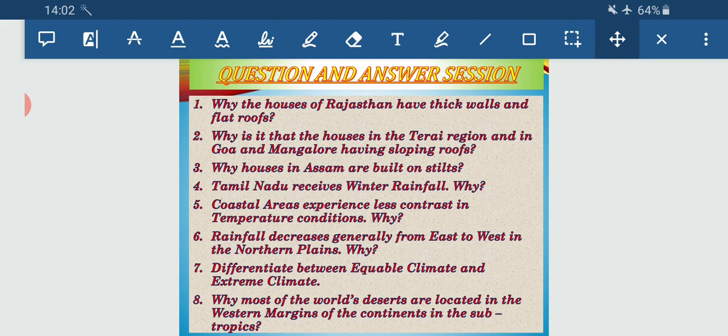So gradually the moisture laden winds approach the eastern part of our country, and due to the Arunachal Himalayas obstructing them, they get diverted towards the western part.